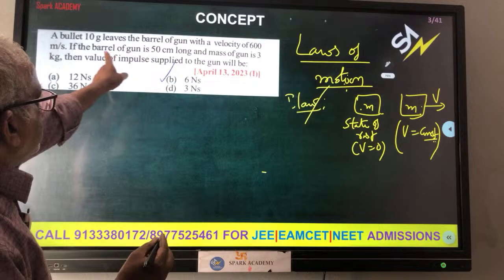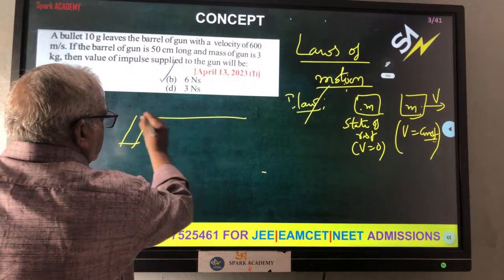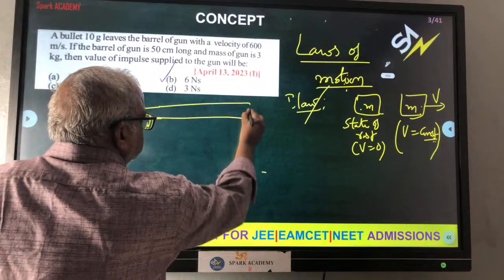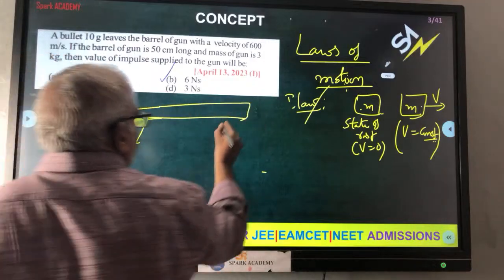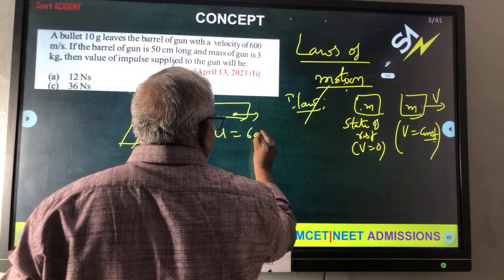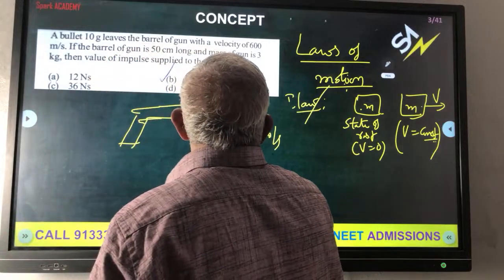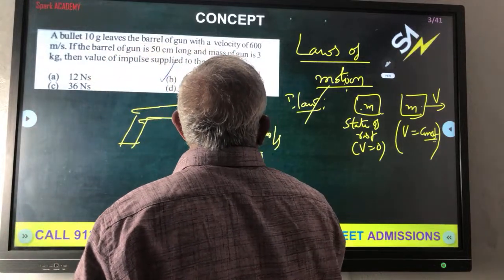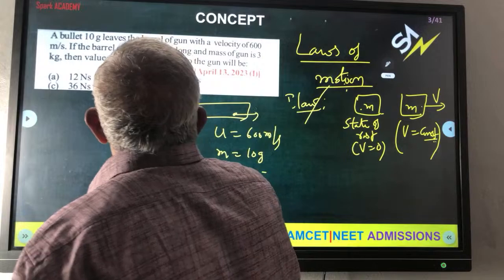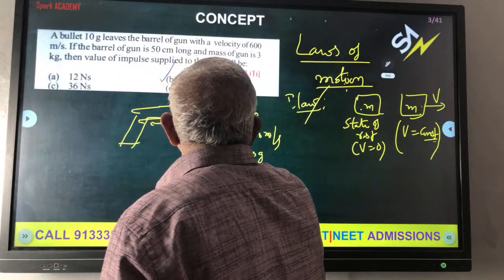Barrel of the gun, that is what it is called. What is the velocity of the bullet? It is 600 meters per second. The bullet mass is 10 grams. The barrel is given as 50 centimeters long.